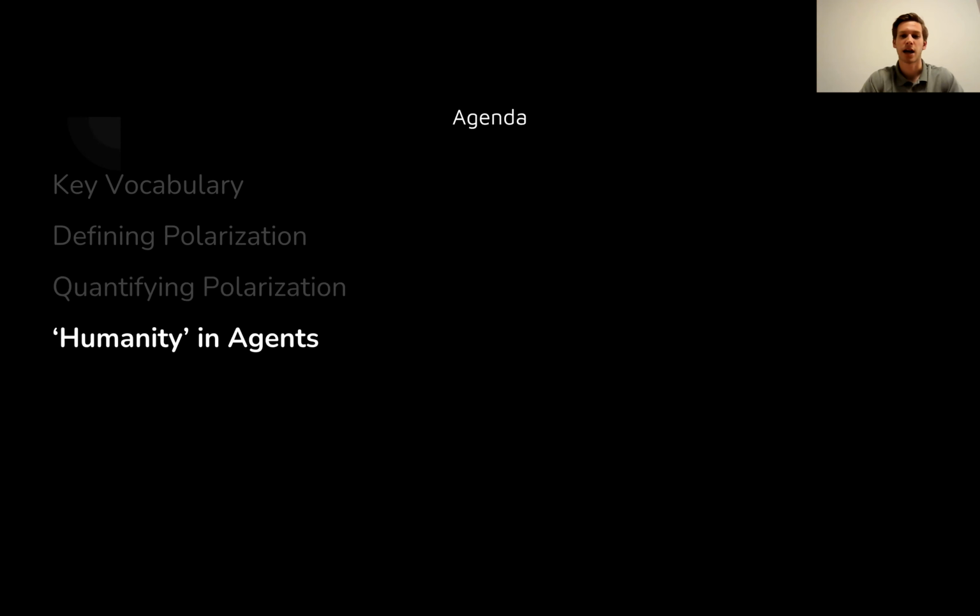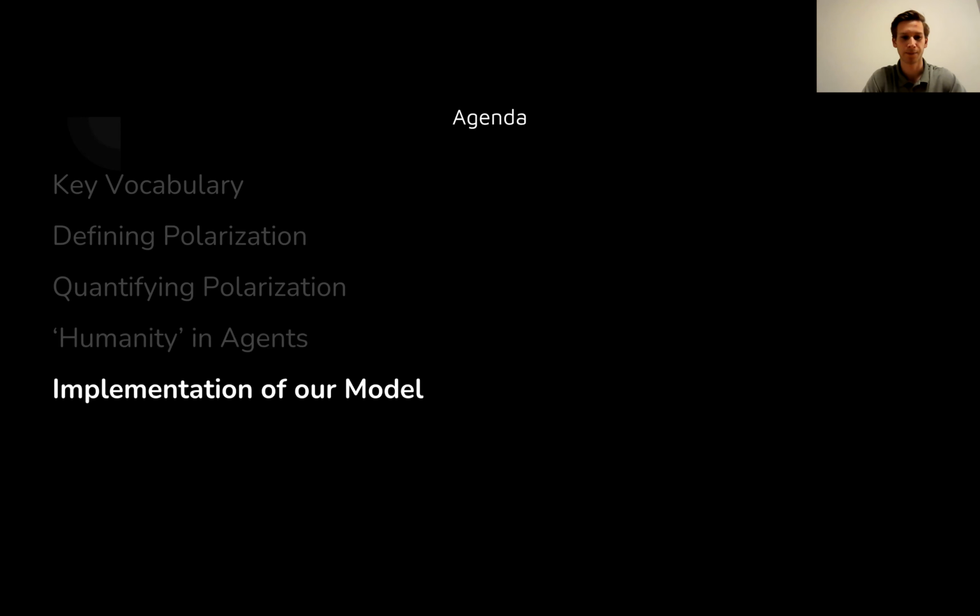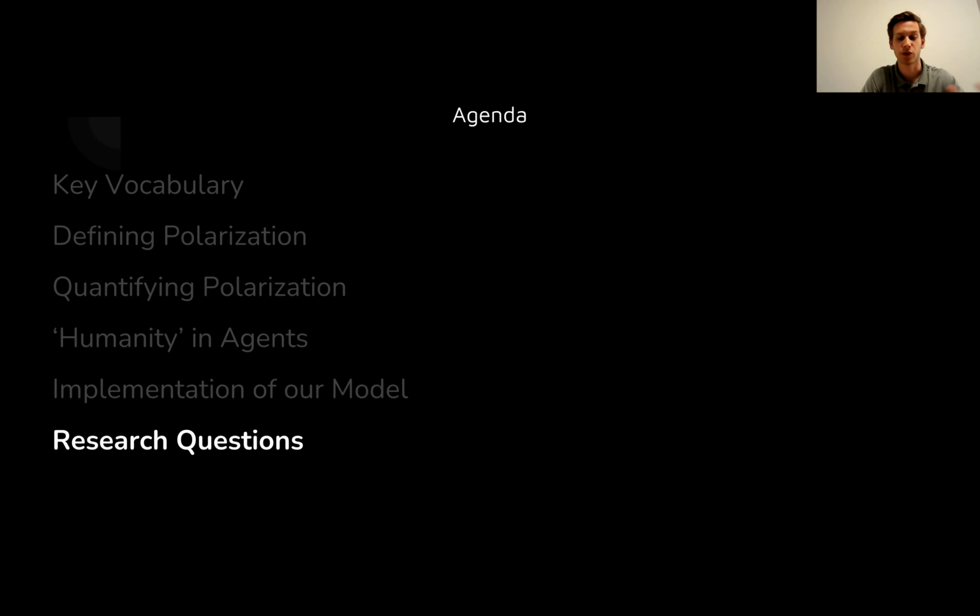Next, we're going to see how we can add human-like behavior to the agents of our simulation, because we want the agents to behave like humans do in real life. Next, we're going to go into the implementation of the model. So how do we actually code our simulation? Next, we're going to go into the research questions that we came up with, and after that, the results that we found.